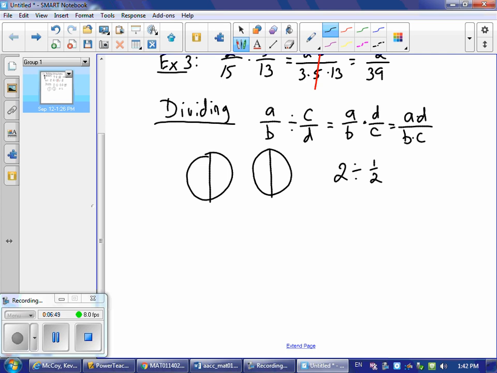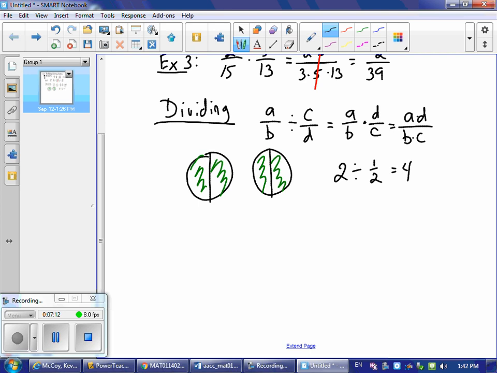So 2 divided by 1/2 means how many halves go into two whole pies evenly. Well, if you look at it, 1/2, 2 halves, 3 halves, 4 halves. So the answer to this problem should be 4.